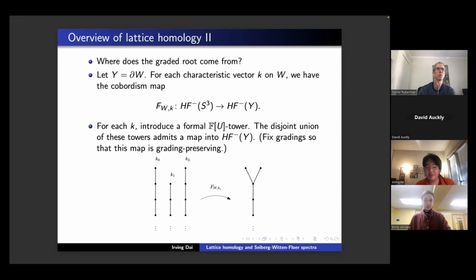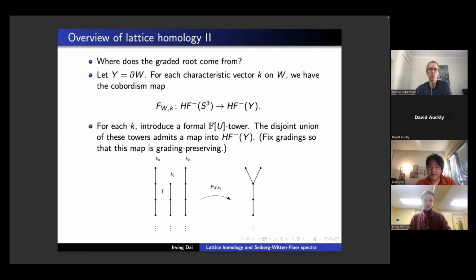So there are all of these infinite F adjoin U towers, each embedded inside HF minus of Y via the cobordism map. I shift the heights of these towers so that each embedding is grading preserving.